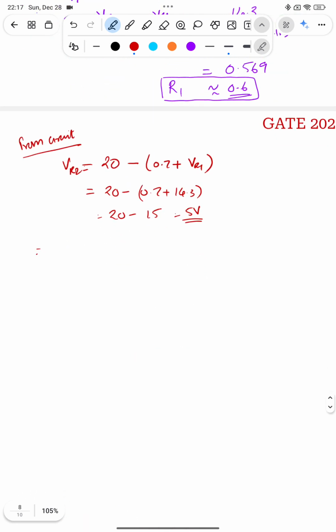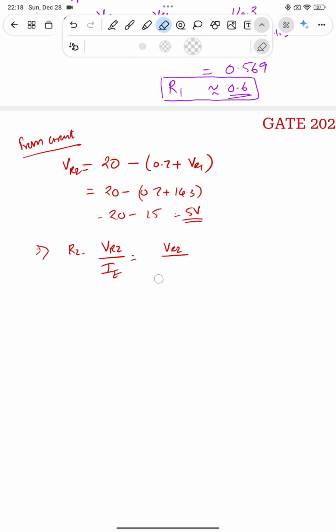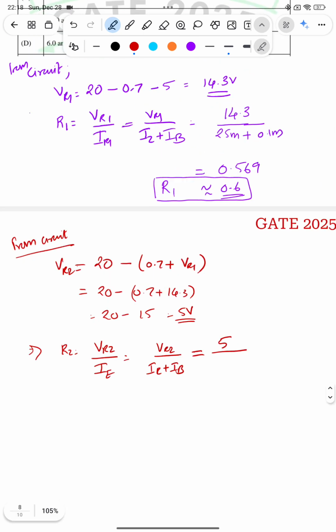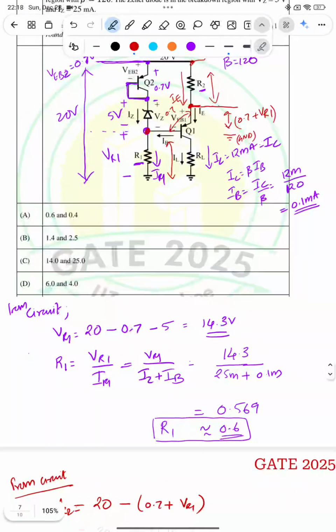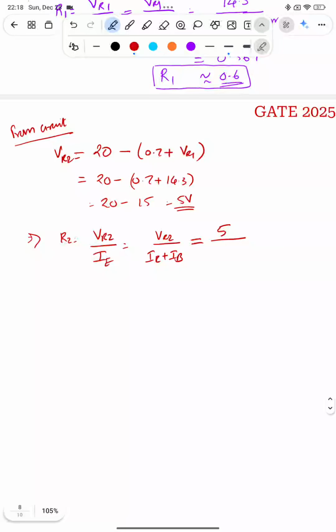So what is the resistance R2? R2 is equal to VR2 by the current through the resistance R2, that is IE. What is IE? IE is beta plus 1 IB, or in a simple way we can say it is equal to IC plus IB. VR2 is 5, and IC is equal to the current IL, that is 12 milliampere.